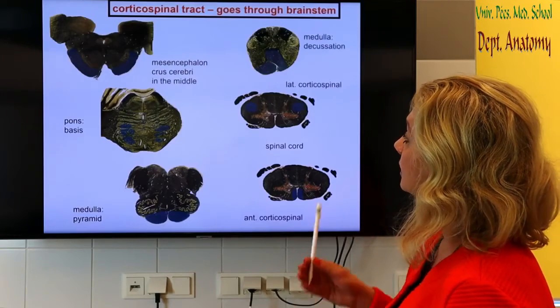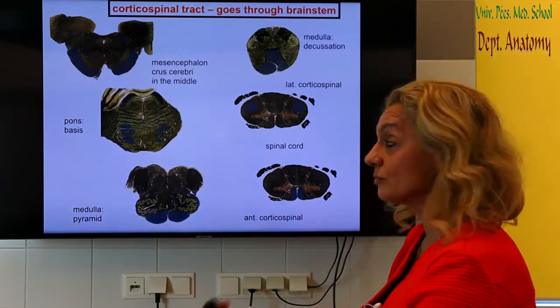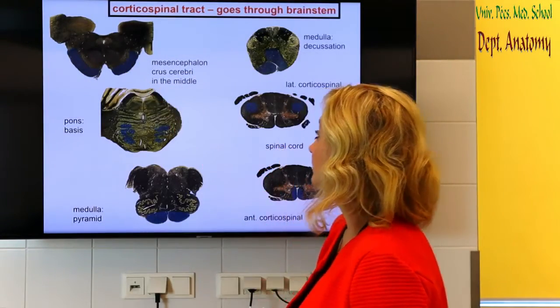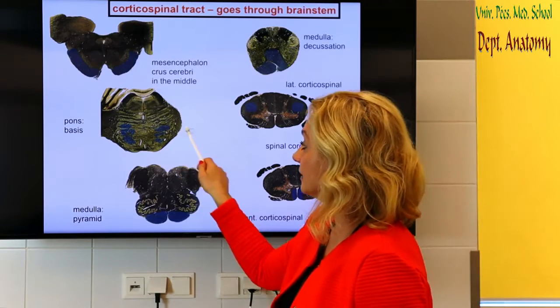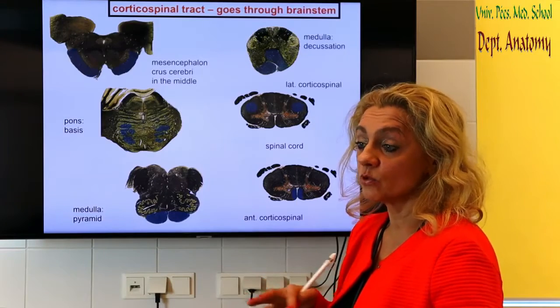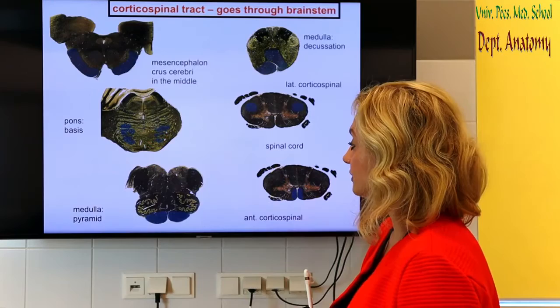So here I'm going to show you the corticospinal tract first, that goes through the brainstem in the mesencephalon, in the middle of the peduncle. Then in the pons, the fibers are scattered and form a more loose corticospinal tract.